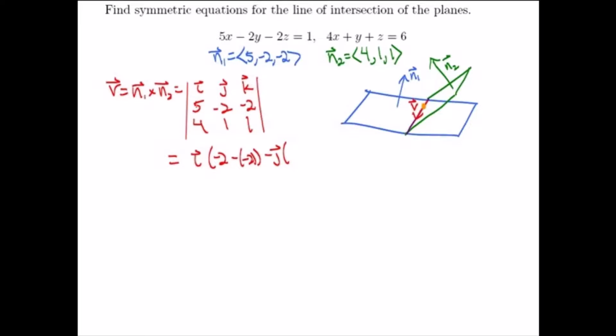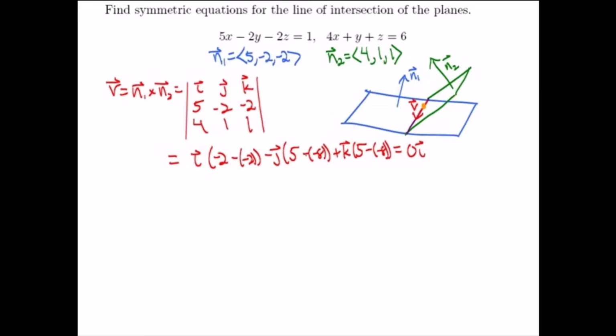So the main diagonal is 5 times 1, or 5, minus the off diagonal, which is 4 times negative 2, which is a negative 8, plus k times the determinant of the 2 by 2 in the lower right. That's 5 times 1, or 5, again minus 4 times a negative 2, which is minus a negative 8. So we have negative 2 plus 2, which is a 0 times i.